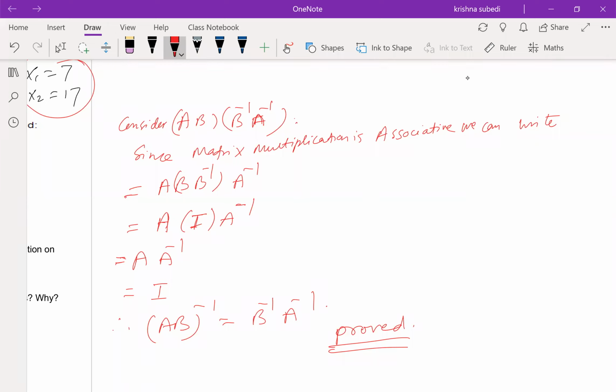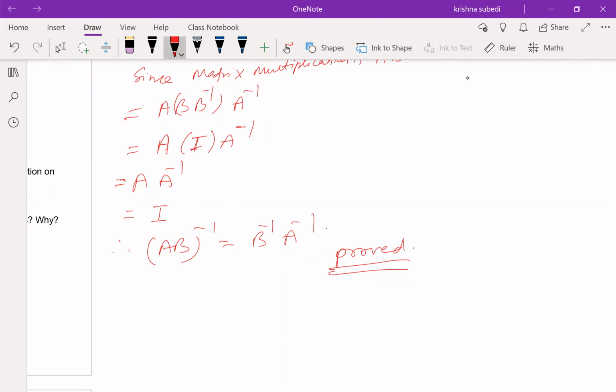Any question, guys? And can you quickly tell me, can this rule be extended for more than 2 matrices?